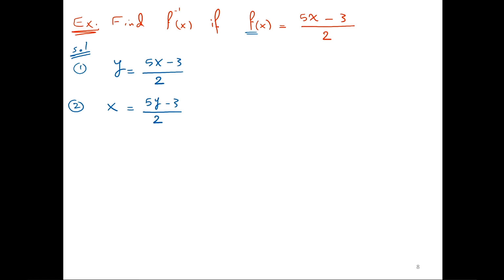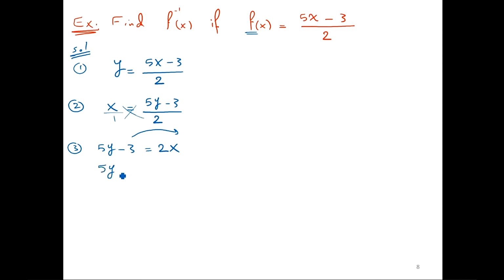Now we need to keep y alone on the left hand side or right hand side, no problem. But we need to solve for y. So we need y equal, not x equal. So the step 3, firstly, this is over 1. So we have 5y minus 3 multiplied by 1 and x multiplied by 2. So we have 2x. Move the negative 3 to the other side.